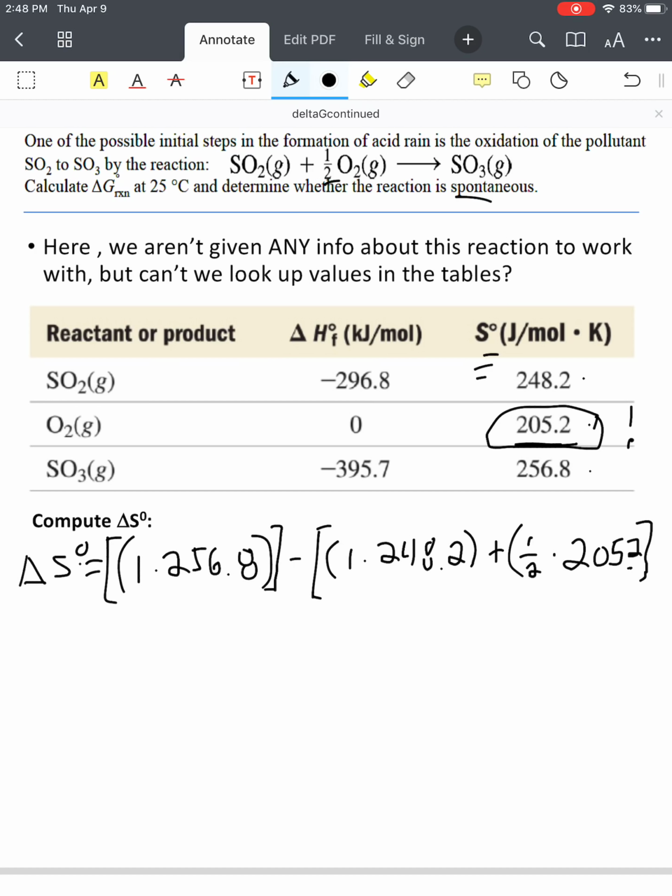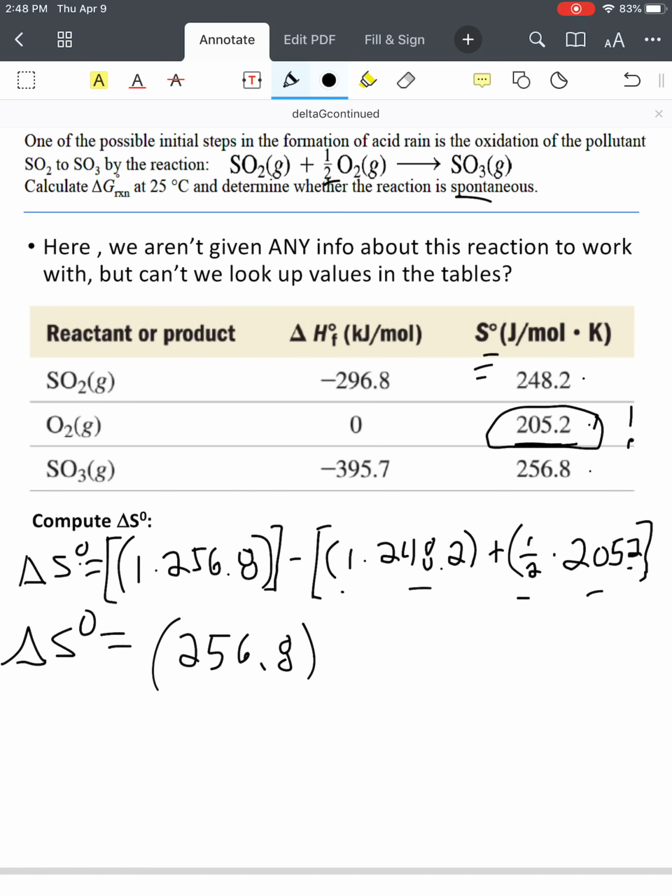But you can see where we're going with this, right? We just take the stoichiometric coefficients, we multiply it by the S0 numbers for all cases. We do the products minus the reactants, and then we solve for our delta S0, our entropy change that's associated with this reaction. So 1 times 256.8 is positive 256.8. No big surprise there.